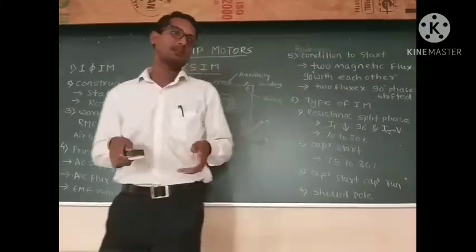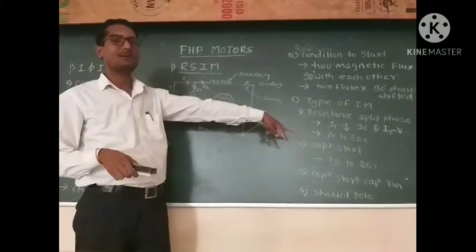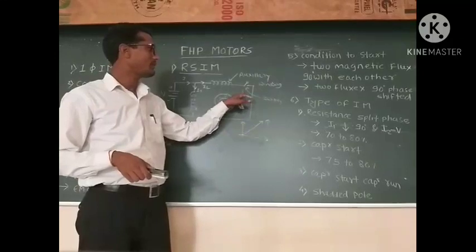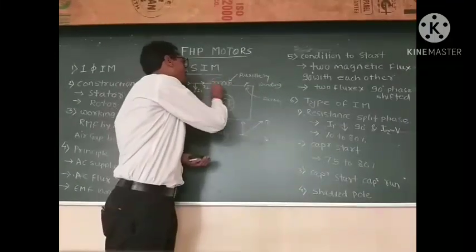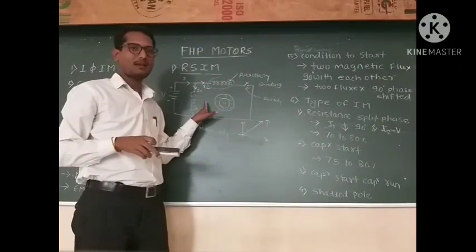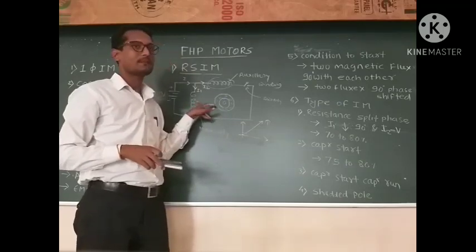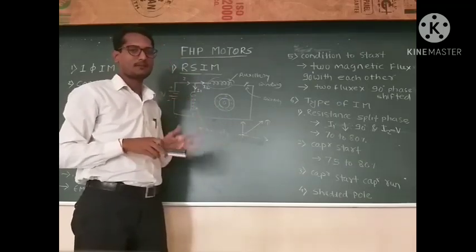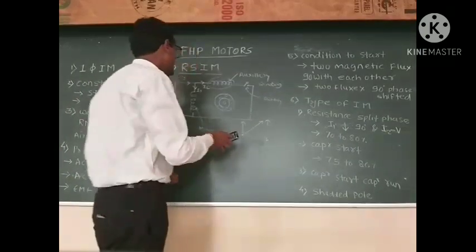After the induction motor reaches 70 to 80 percent of its synchronous speed, the centrifugal switch automatically opens and the auxiliary winding is disconnected from the supply, and the induction motor runs only on the single winding. Okay, this is the resistance split phase induction motor.